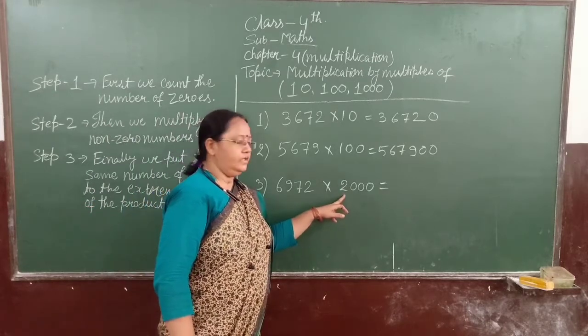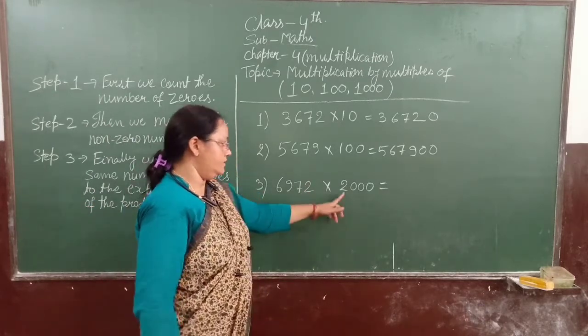6972 multiplied with the non-zero multiplier, that is 2.